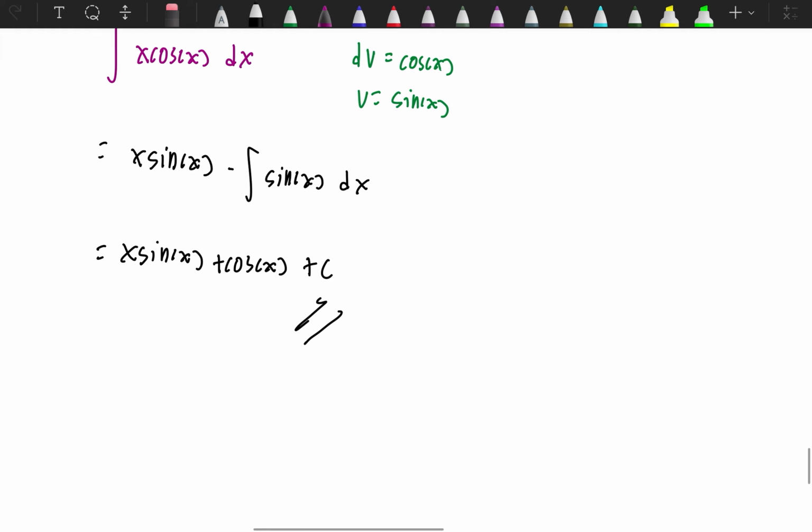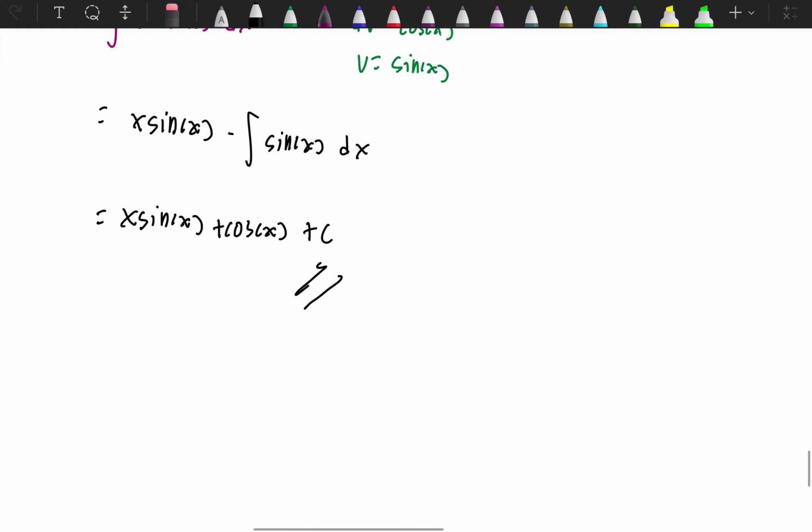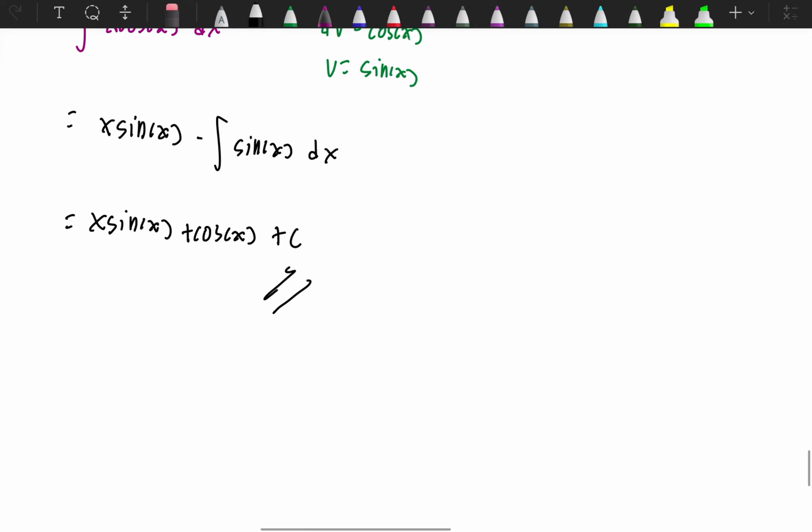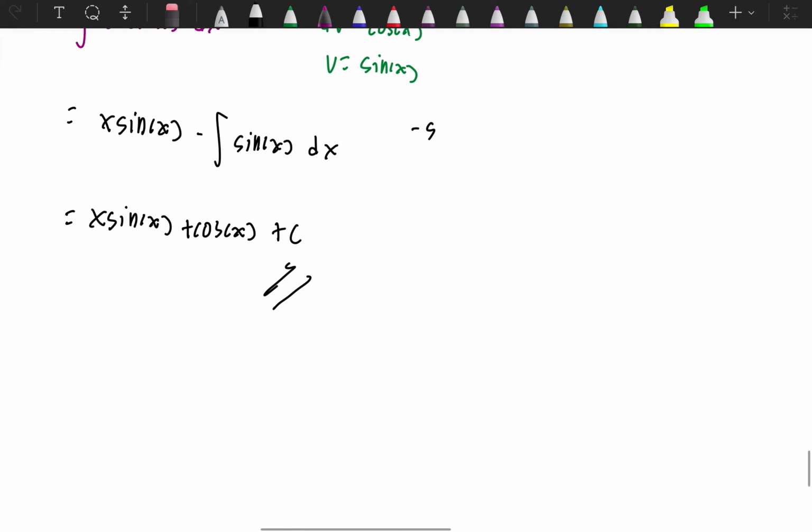So you have x sine of x plus cosine of x plus c as your integration. If we take the derivative of this function, we should be able to get x cosine x. So I'm going to show you how. Cosine of x derivative is just negative sine of x. And then from here, we can do product rule for x sine of x.